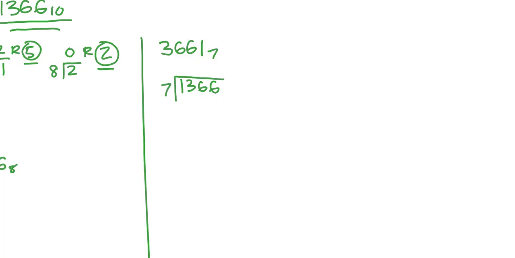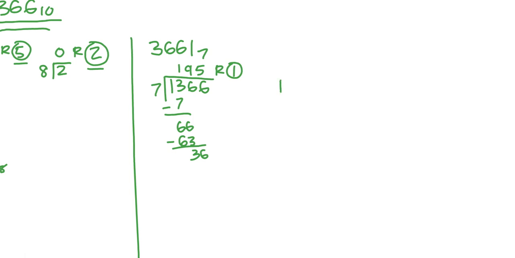I'm going to divide by 7, and I'm just going to continue the same process. 27 remainder 6.